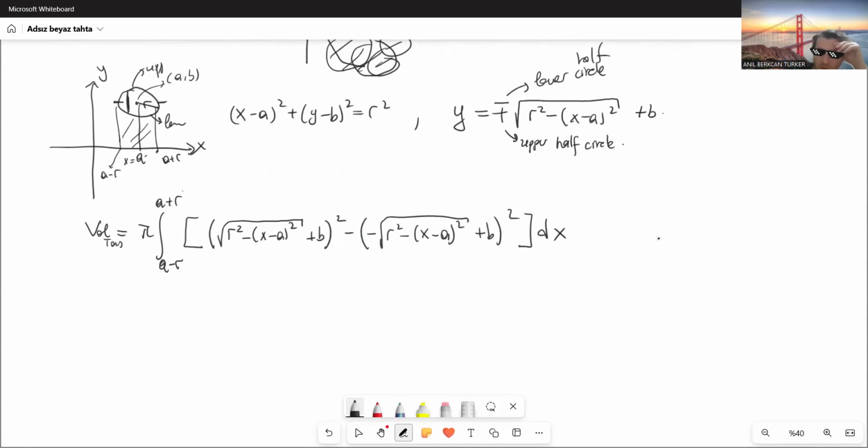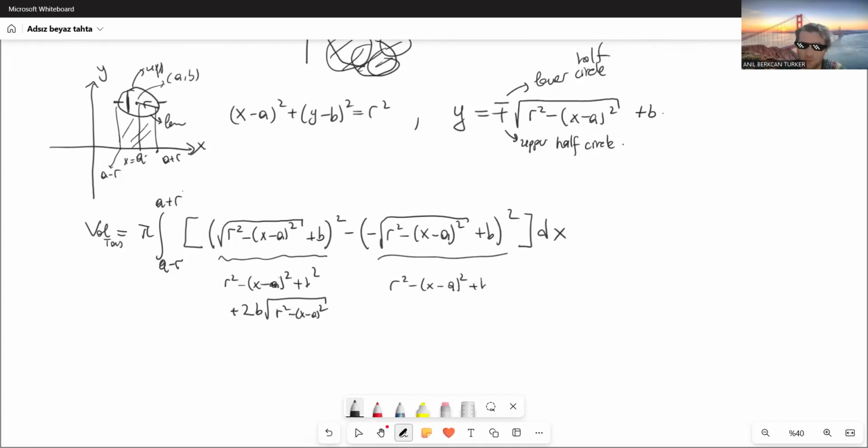Okay, let's try to calculate. Maybe it is easier. This is r squared minus x minus a squared plus b squared plus 2b times the square root of r squared minus x minus a squared. This will be similar to r squared minus x minus a squared plus b squared minus 2b times the square root.